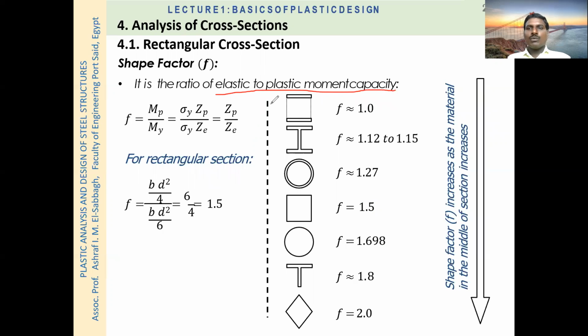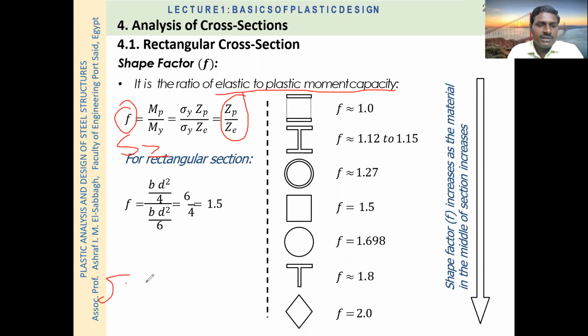It means it is the ratio of plastic moment to the elastic moment. So here S is equal to shape factor, MP by My. So sigma y into ZP is MP and sigma y into ZE is My. So ZP upon ZE is the shape factor.